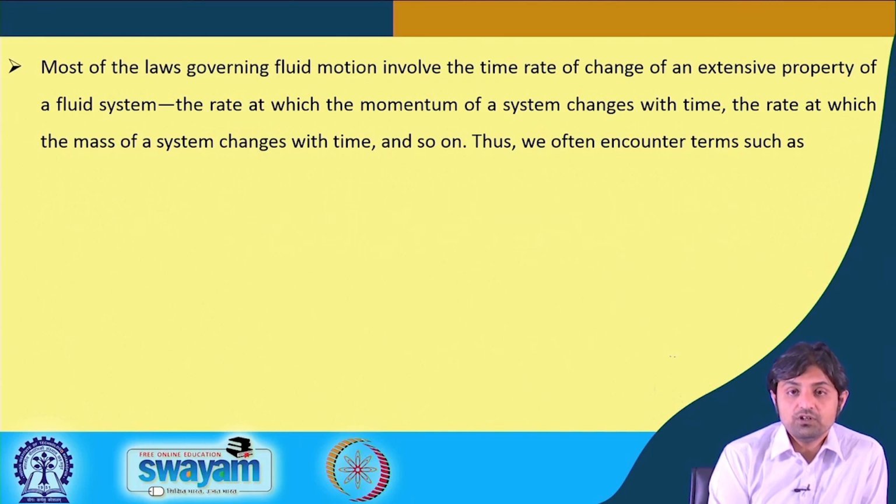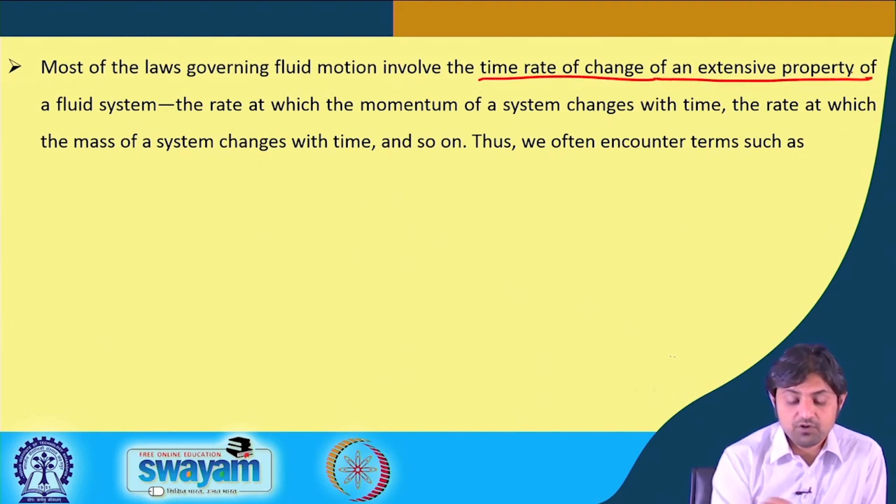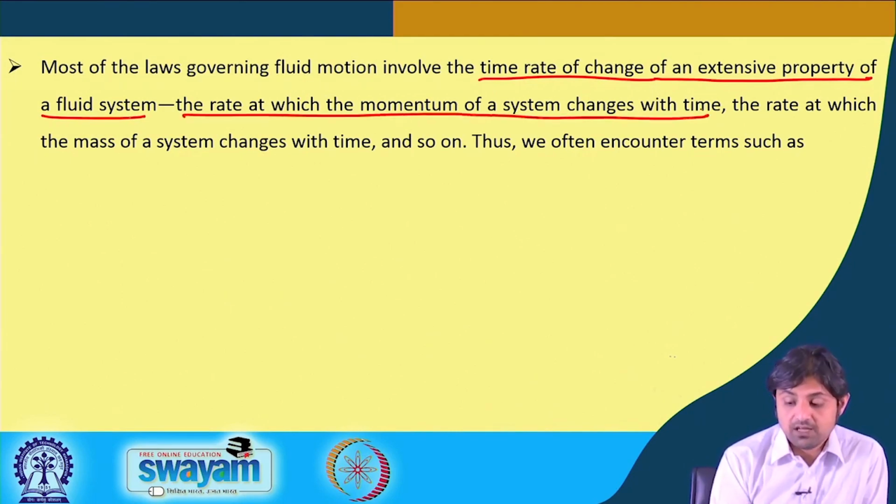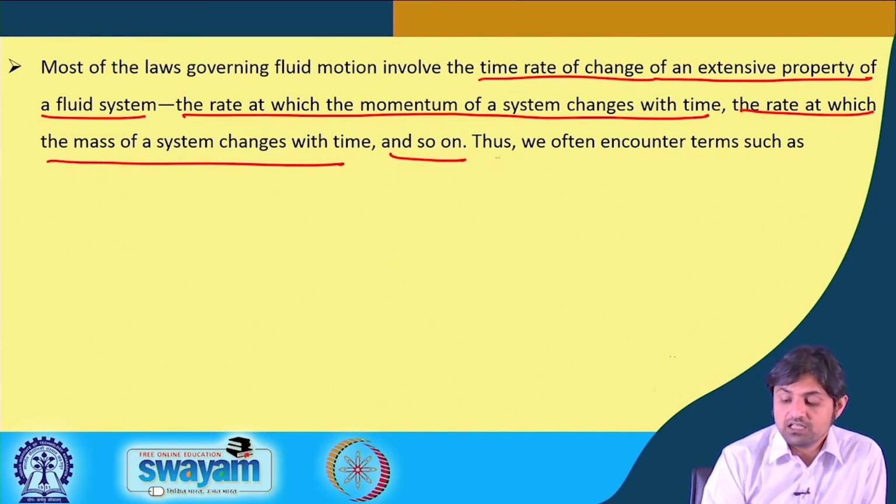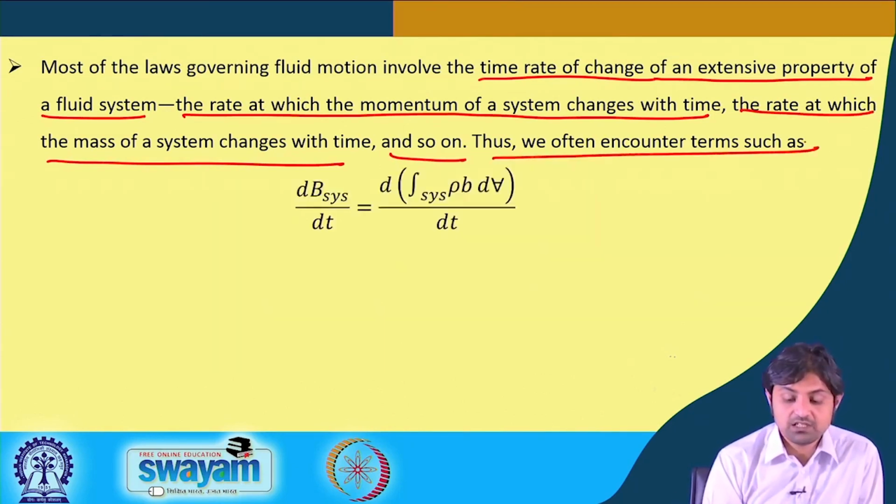Most of the laws governing fluid motion involve the time rate of change of an extensive property of a fluid system. For example, the rate at which the momentum of a system changes with time, or the rate at which the mass of the system changes with time, and so on. Thus, we often encounter terms such as dB sys dt.